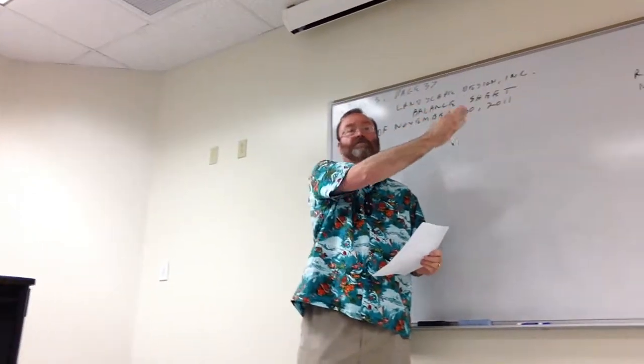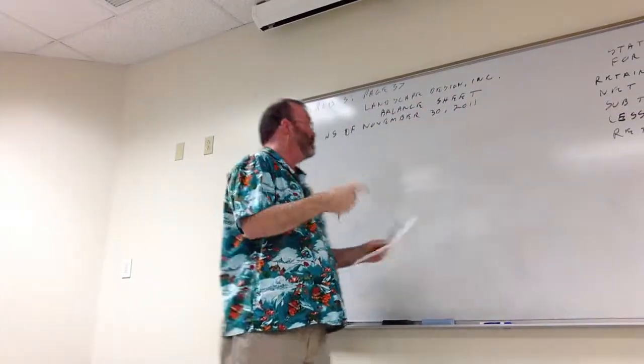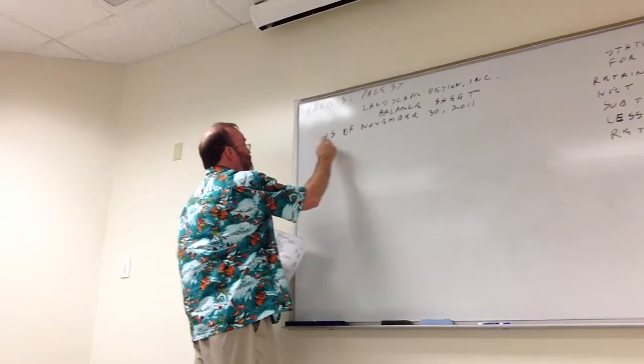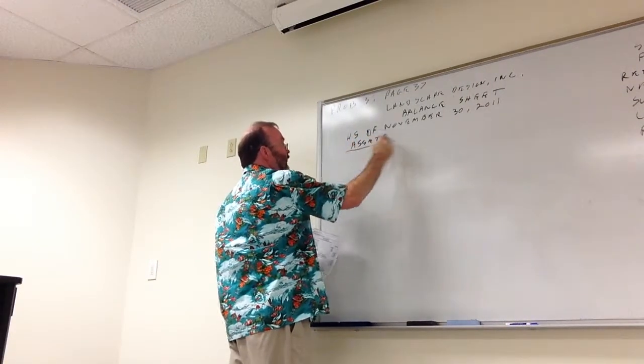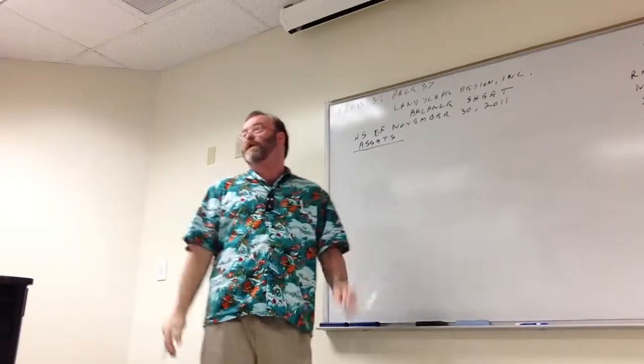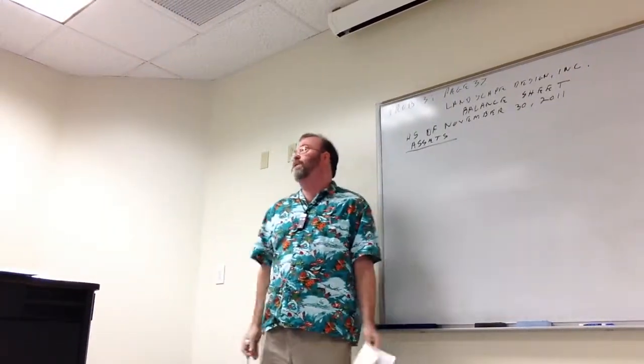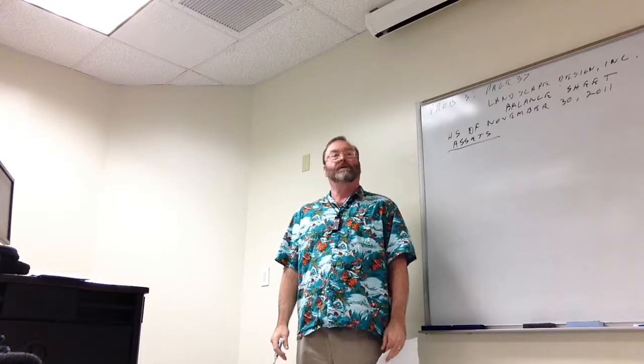All right, the balance sheet is a representation of the accounting equation. Assets equals liabilities plus stockholders' equity. So we'll begin with assets. Assets are everything a company owns in order to conduct their business.